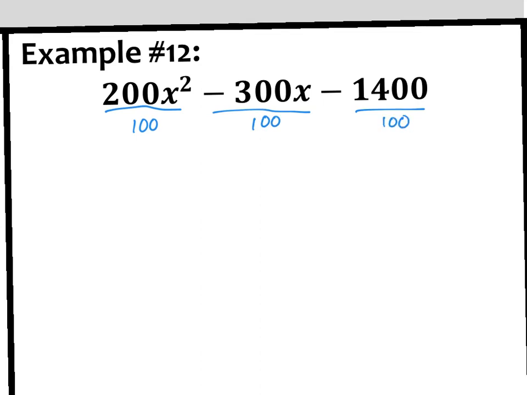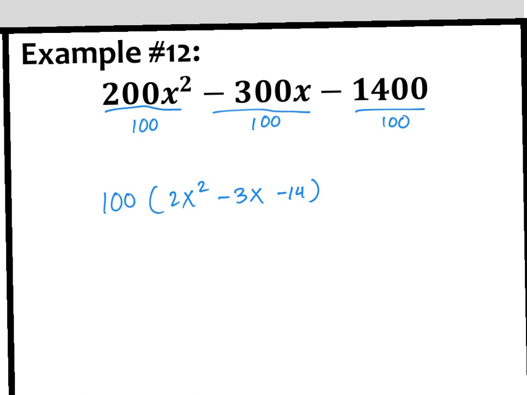Okay, 200x squared divided by 100, 100 goes out front, is 2x squared. Negative 300x divided by 100, negative 3x. Negative 1,400 divided by 100, negative 14.